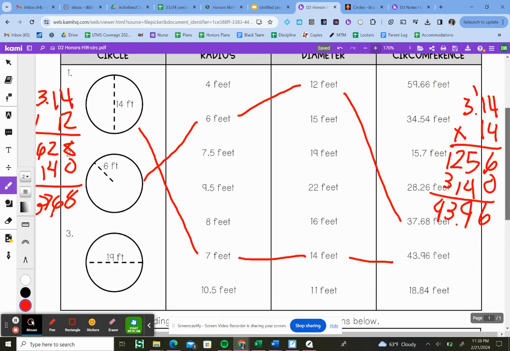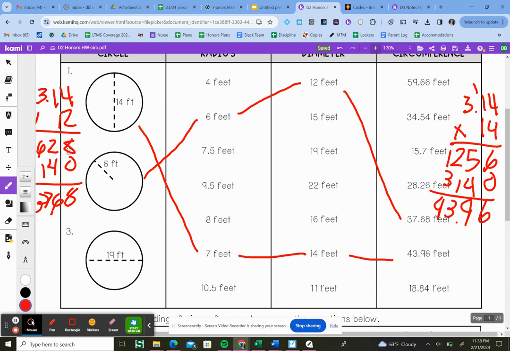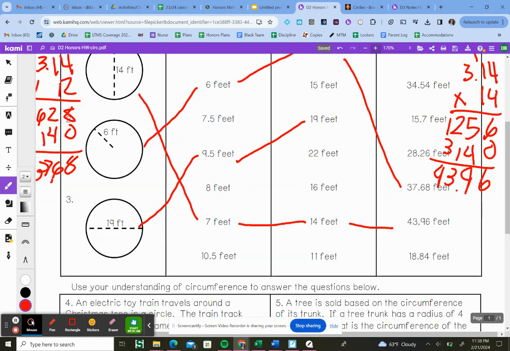All right, next one. I see the diameter is 19. So half of 19, that would be 9.5. The diameter is 19, and then I'm going to do 3.14 times 19.